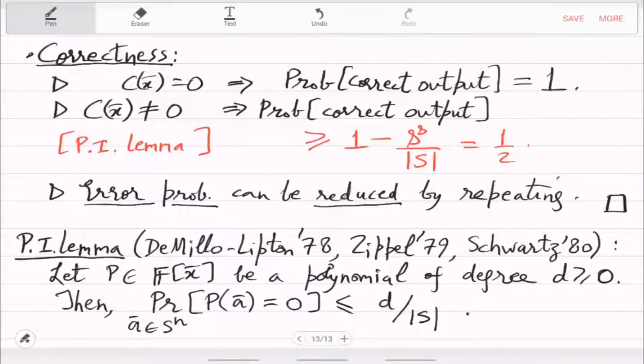Right, this is immediate, you can see it immediately when the number of variables is 1, when P is a univariate polynomial, because a univariate polynomial over a field can have at most d roots. And now we have to generalize this fact for any number of variables. So let's do that.